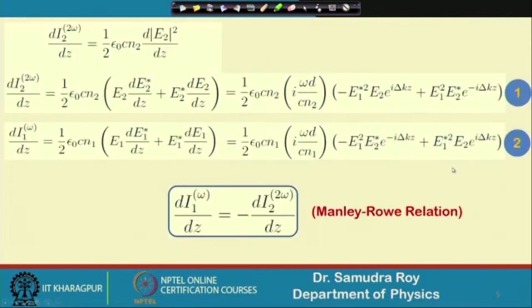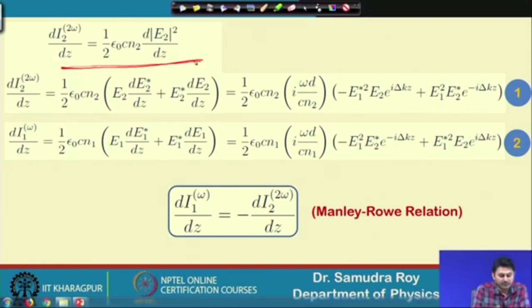Anyway, what should be the value of d I2 dz? We calculated d I1 dz. Now, we calculate d I2 dz. So, basically the procedure is exactly the same. So, if I do the calculation, then I will get exactly a similar kind of expression.